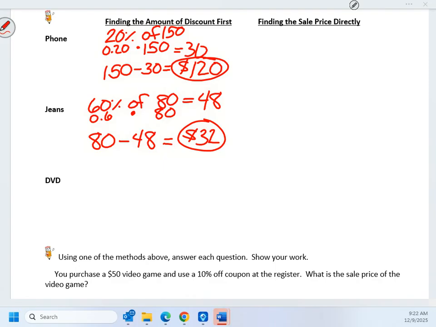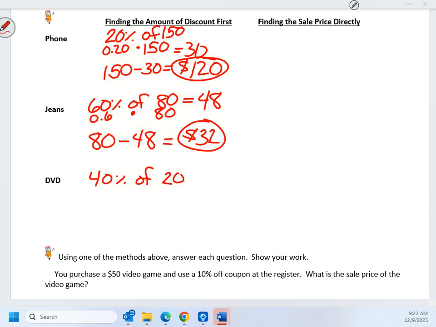Yeah, I start with my percent. 40% of the $20. So then we have to figure that out. What math do I do to figure that out? How do I figure out 40% of 20?